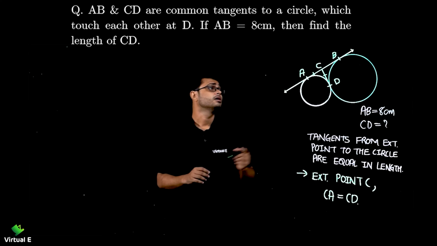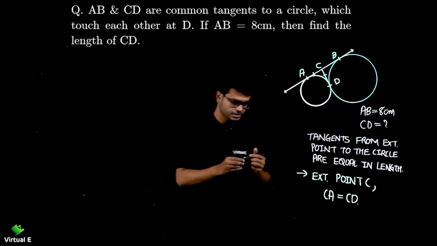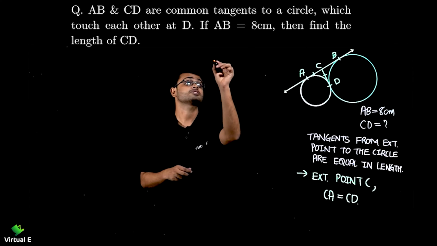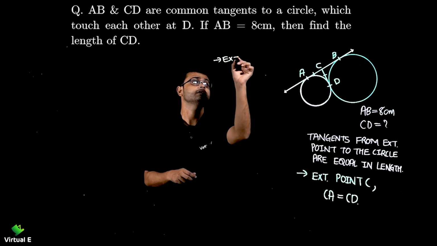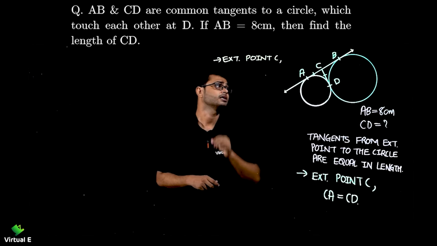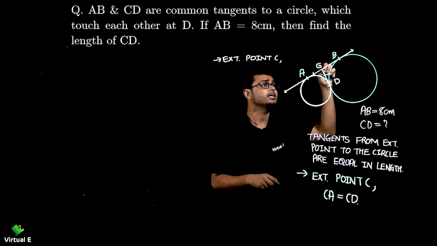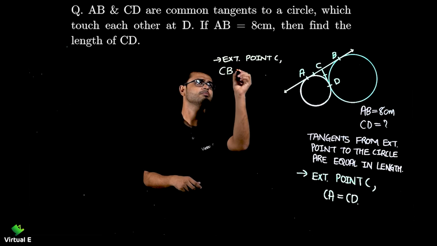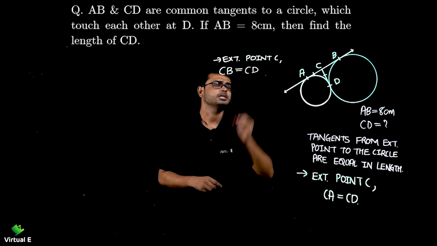Done. Now let's write for the other circle. The external point will be the same, which is C over here. So for external point C, here it will be CB is equal to CD.